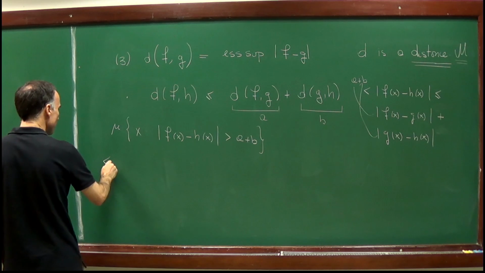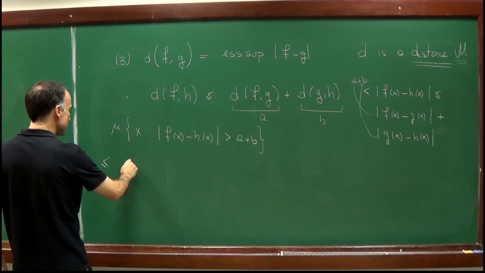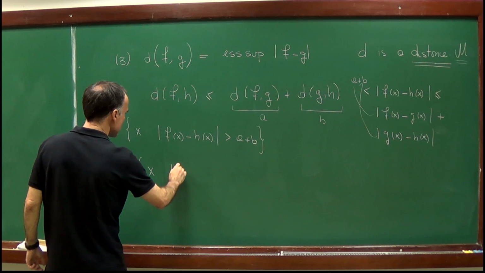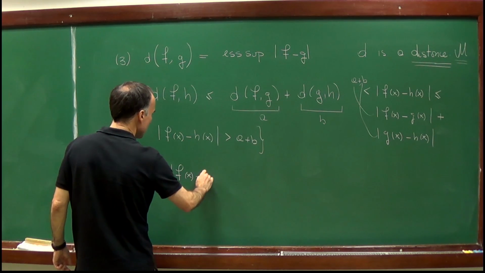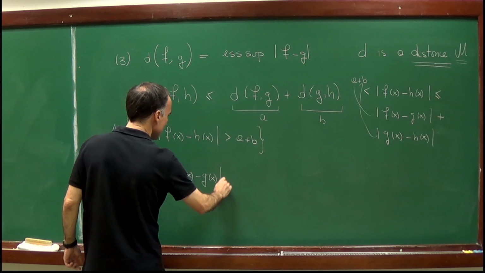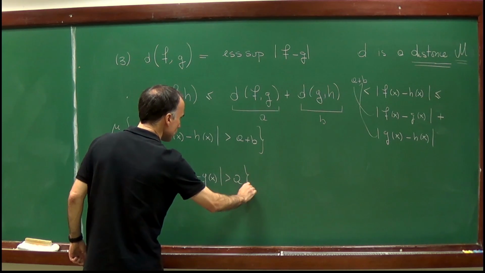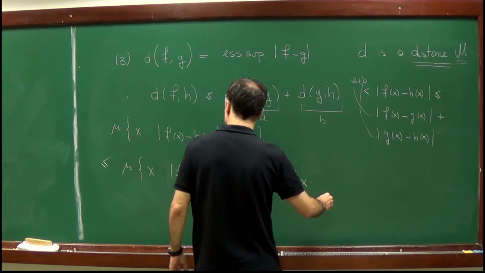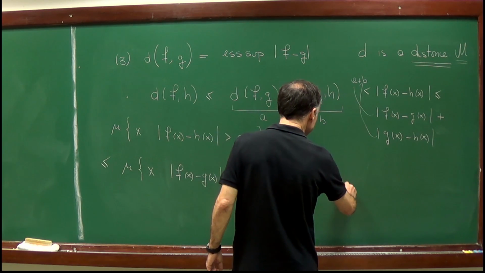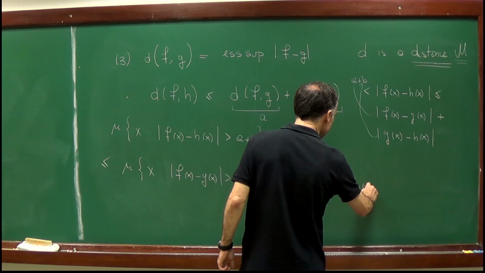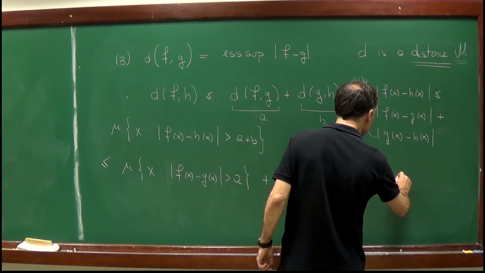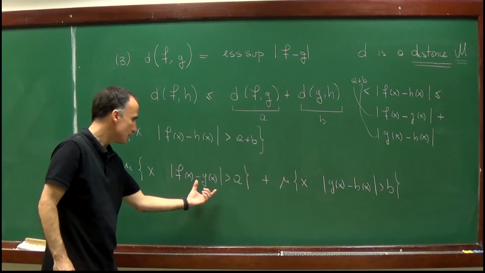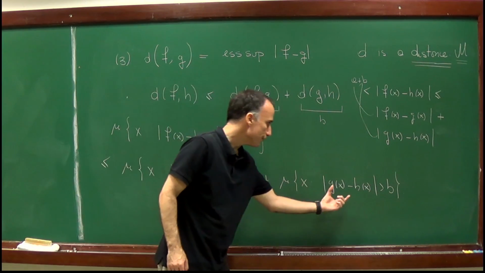Which means that the measure of this set is less than or equal to the measure of the set of x such that |f(x) - g(x)| is larger than a, plus the measure of the set of x such that |g(x) - h(x)| is larger than b. Right? If this happens, either this happens or that happens.